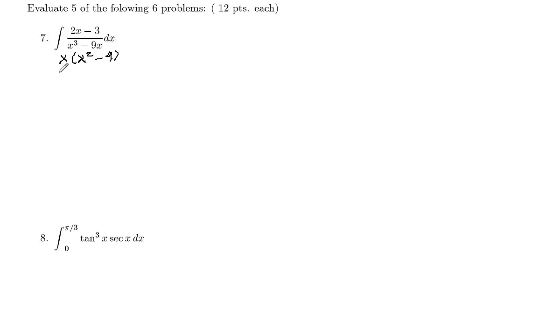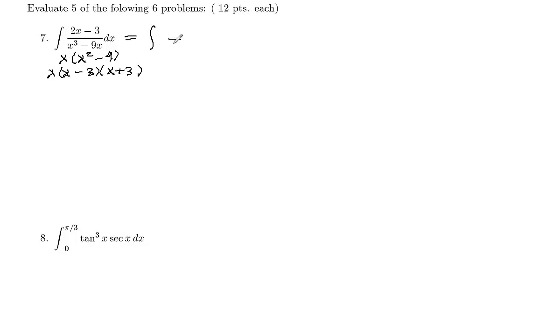And then this will factor, FOIL backwards on this. This is a difference of 2 squares. So that's actually going to be x minus 3 times x plus 3. So then our partial fraction decomposition is going to break up, and we've got 3 linear factors.